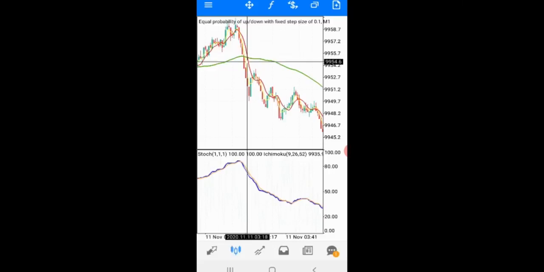It crossed here, and look, it's at the oversold level. Do you see it? So for me, I'll enter this market right here. That is when I see it cross.